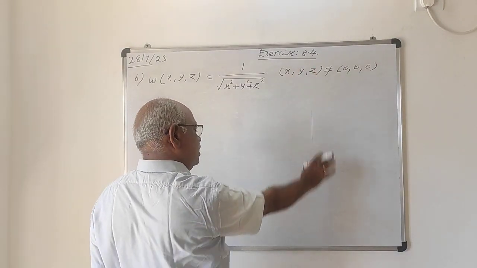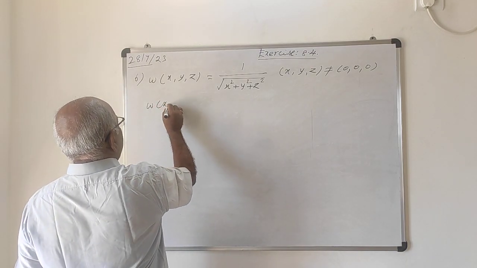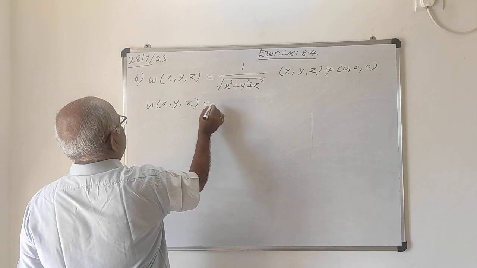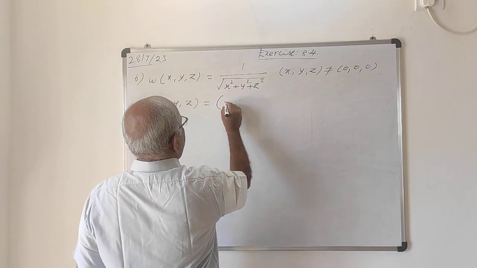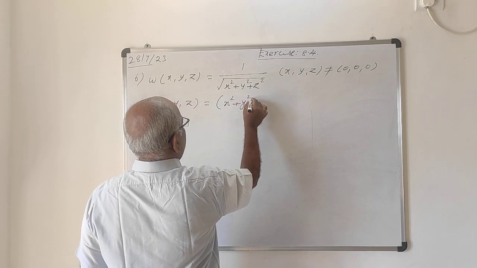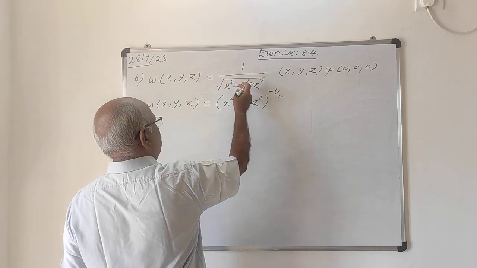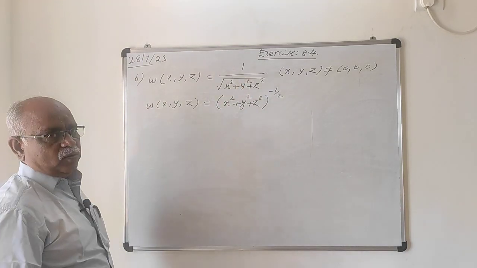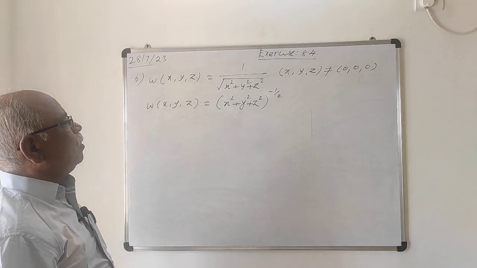That is a condition. And this W of x, y, z you can express as x square plus y square plus z square power minus of the root of denominator. Square root, if you bring it to the numerator, it becomes power minus of.